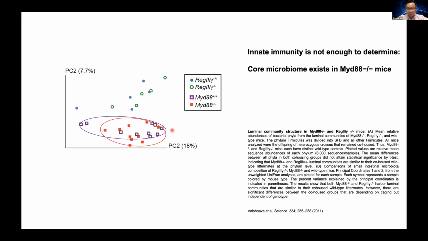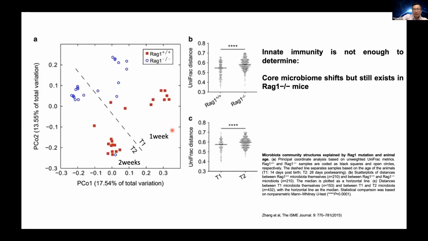That means they have a really tight core microbiome. It's not a loose core microbiome. And if you look at the red ones, these knockout mice are deficient in adaptive immunity. They don't have mature T cells and B cells. In these mice, you can also see the core microbiome in the same group. That means adaptive immunity is not the dominant factor shaping the gut microbiome.